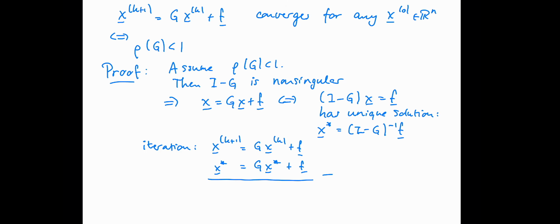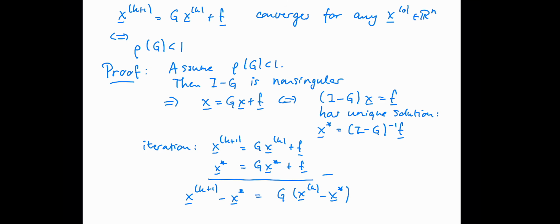Then we have that x k plus 1 minus x star equals g times x k minus x star.